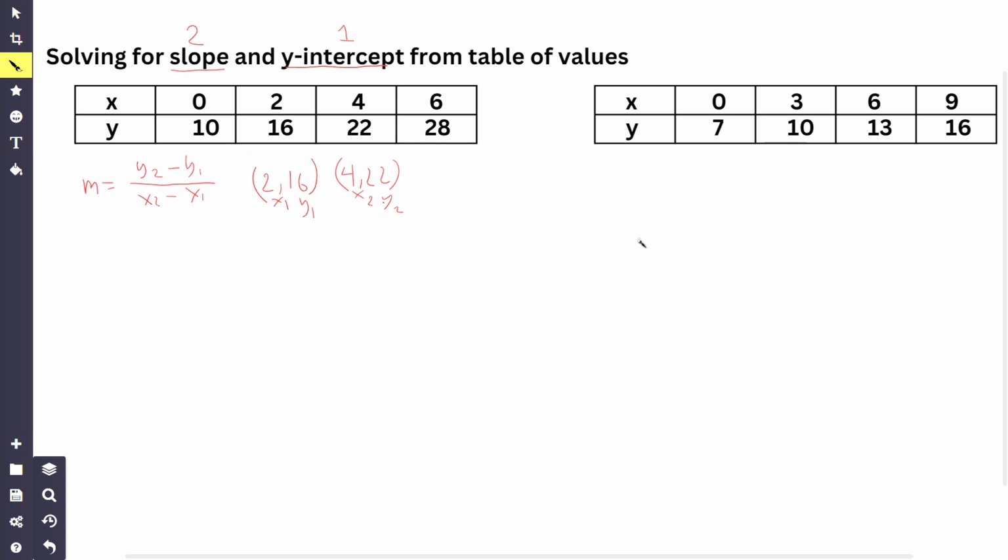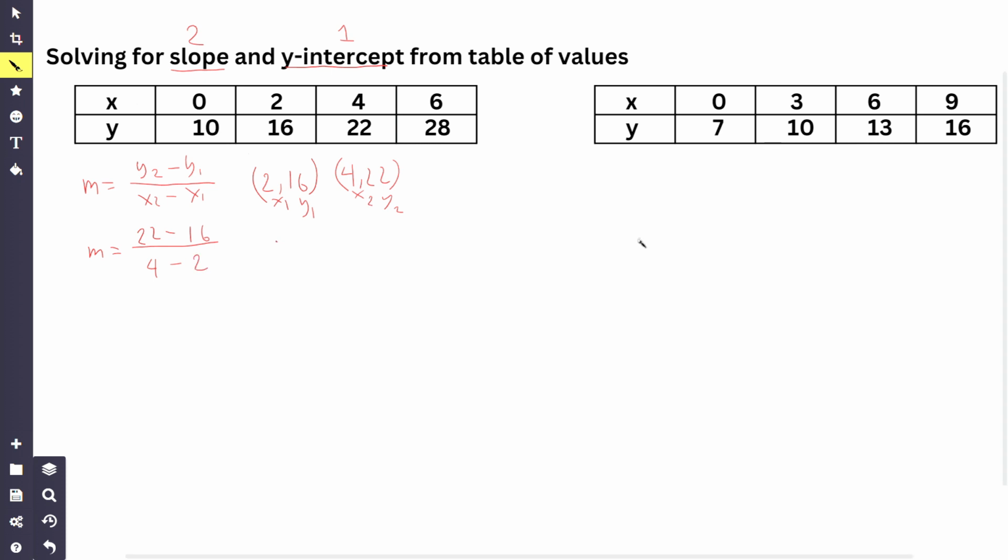Now, what's the next thing after we assign? The next thing is we will just use the formula and replace the values here. y sub 2 is actually 22 minus y sub 1, which is 16, all over what's our x sub 2? 4, minus what's our x sub 1? 2.